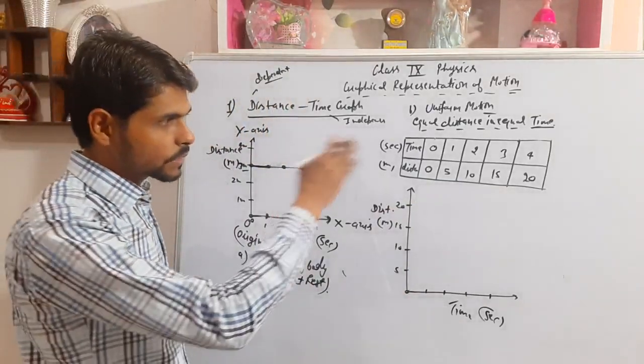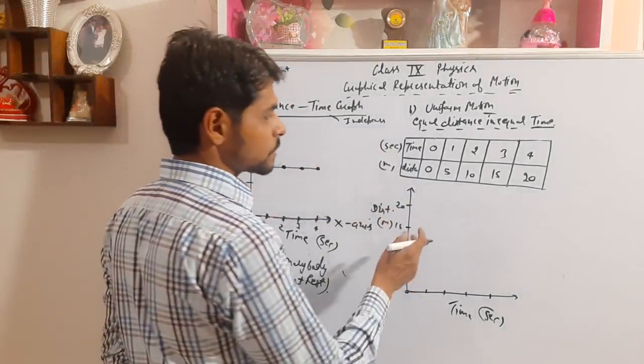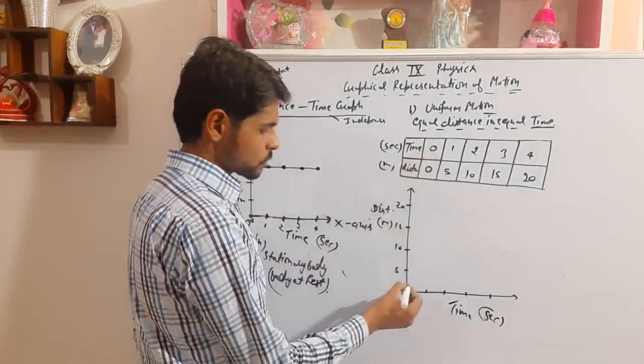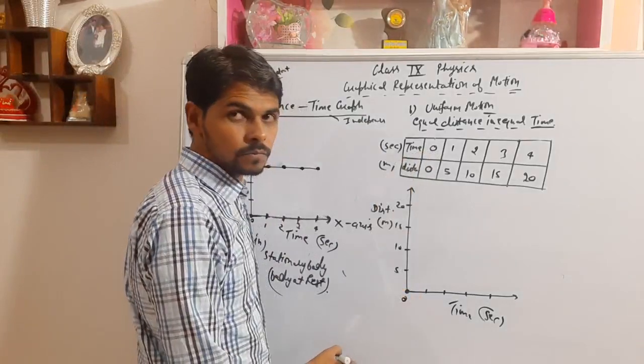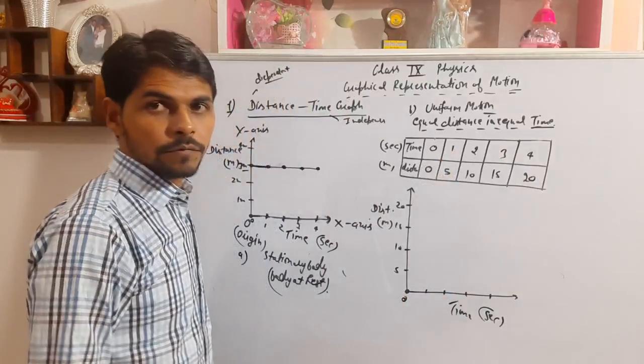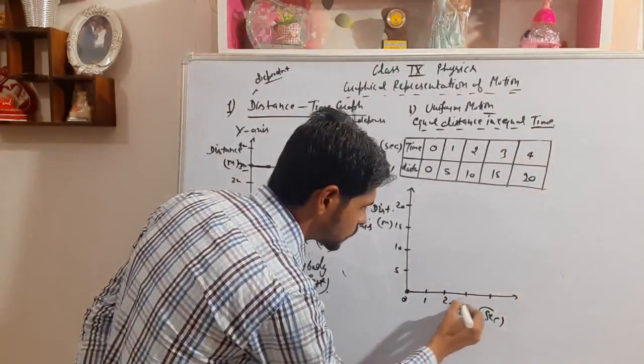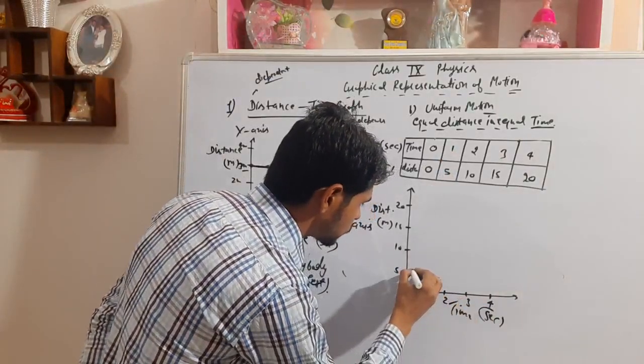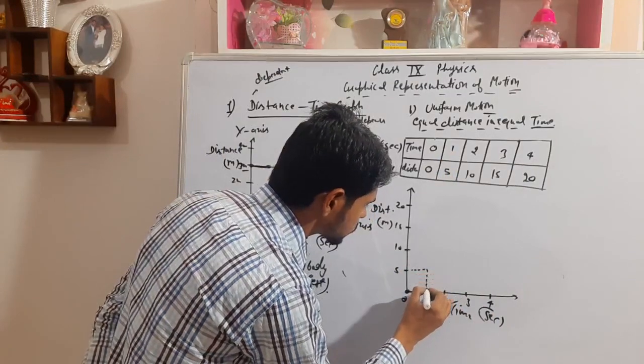As the given values are, matching the first value: when the time is 0, distance is also 0. Okay, this is the first point. When the time is 1 second, distance is 5 meter, so matching the point here.